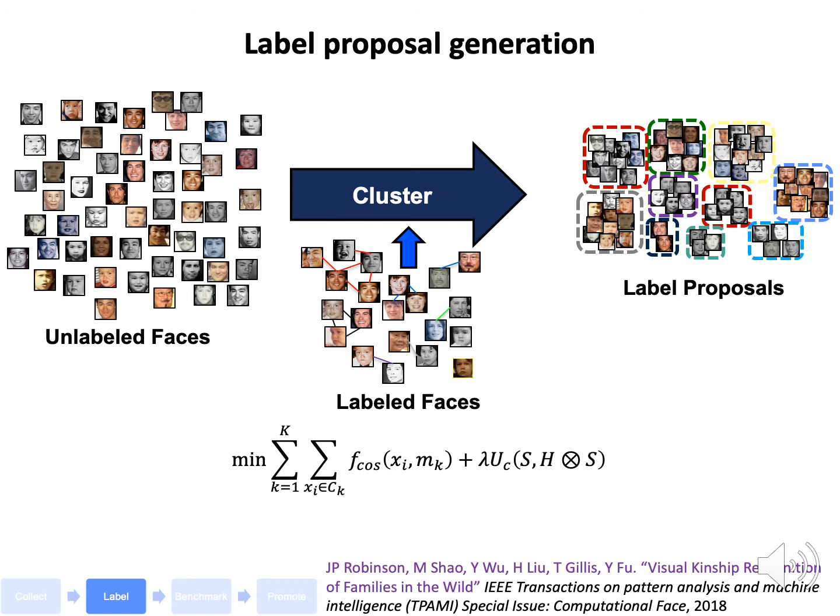So we leverage the labeled faces in that manner. And essentially, the unlabeled we then clustered to generate label proposals. And again, just a simple k-means using cosine similarity plus the side information with the lambda term.